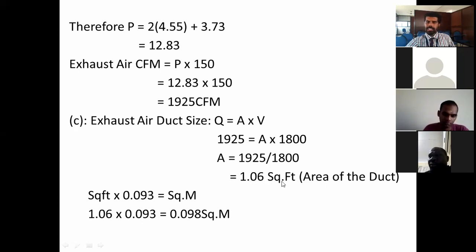When you find the area in square feet, if you need to convert it into square meter, just multiply with 0.093. In the beginning, I have given you some conversions, right? In those conversions, you just add this also. If it is not given, just add it in your first day notebook. Square feet to square meter, just multiply with 0.093.